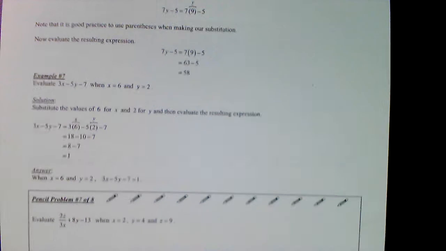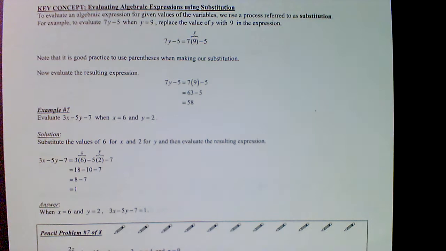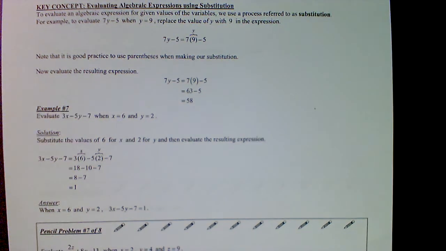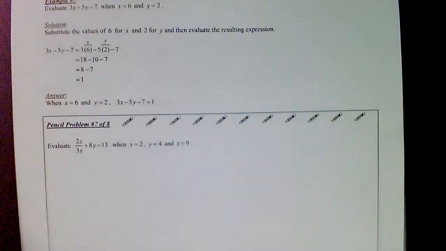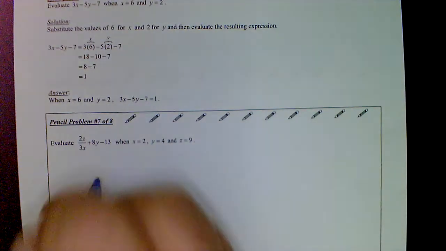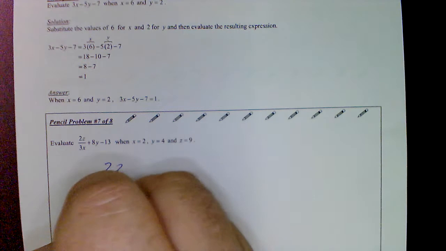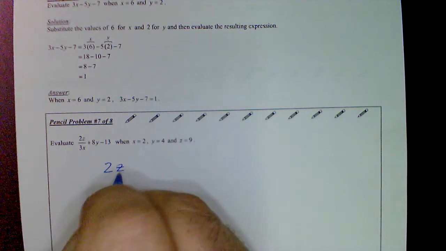Okay, the next thing is just what I call replacement. You can read the example, but it's evaluating algebraic expressions using substitution or replacement. We're given an expression. Okay, this is 2z, that's the way I make my z's.